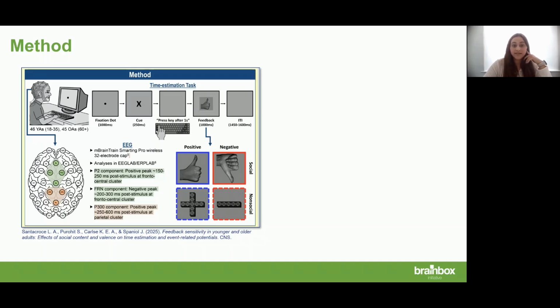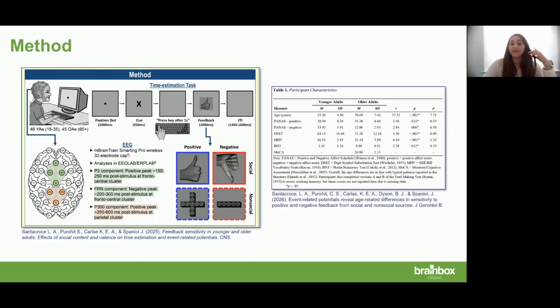What you don't want to see is something like this, which is the participant information from this study in the paper, right? I did take all of these measures for all of my participants, and I looked at the means and standard deviations, older versus younger adults, did t-tests, all of that good stuff. But this doesn't belong on a poster.